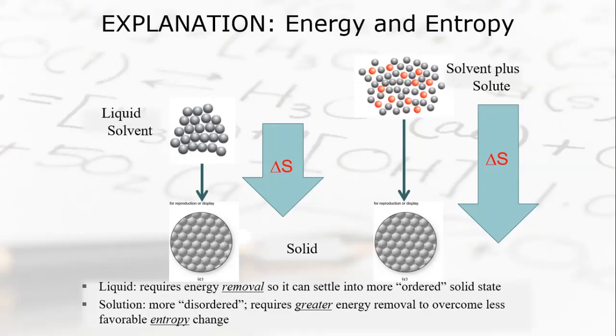And that explains why by the time you're able to achieve the solid state, you have had to travel a longer path of entropy decrease. That means you had to remove more energy than you did with the pure solvent, and therefore you're arriving there at a lower temperature. And that would be the new depressed freezing point. Okay?